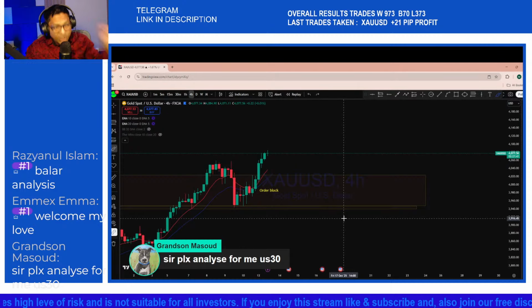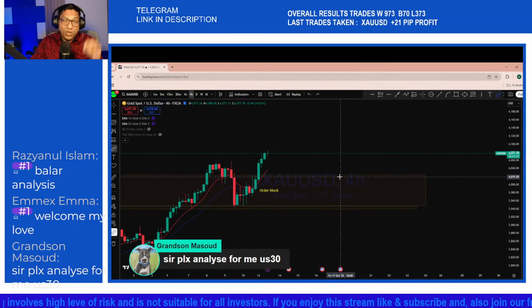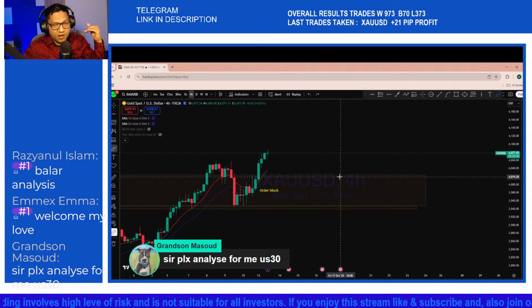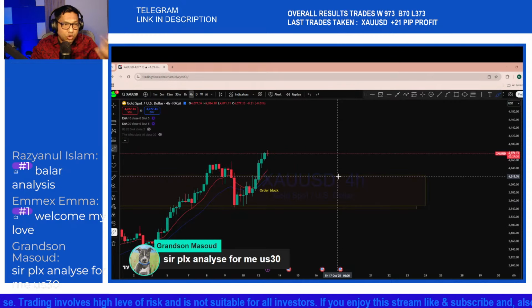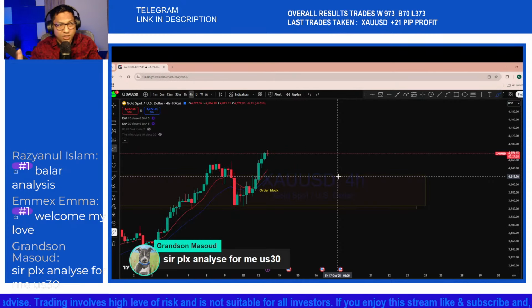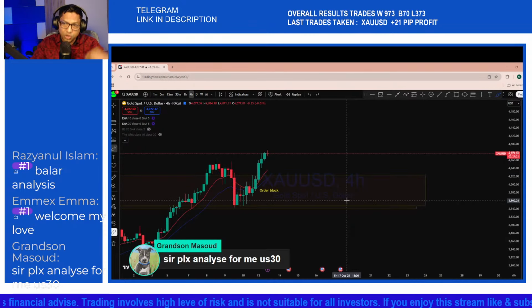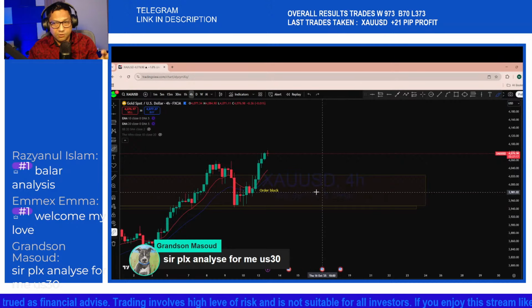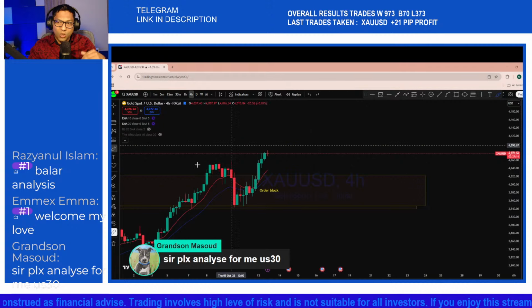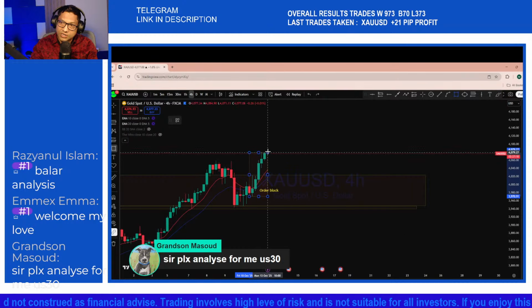Now trading an order block is rewarding. Why? Because when you trade the order block, you are trading almost from the same zone as the smart money. The only difference is that the order block is created by smart money, but as a retail trader, you are trading the order block. A little difference. That means when the smart money, you see this volume, this move is created by smart money.